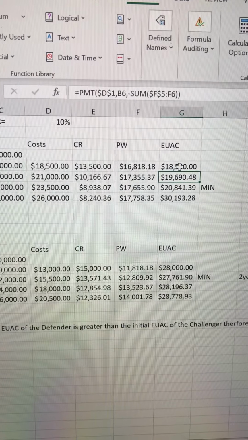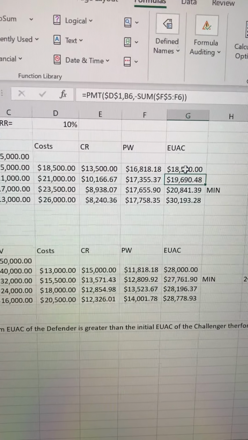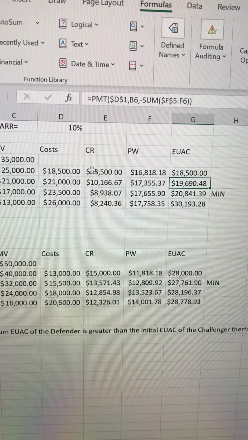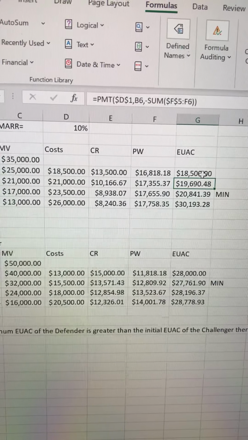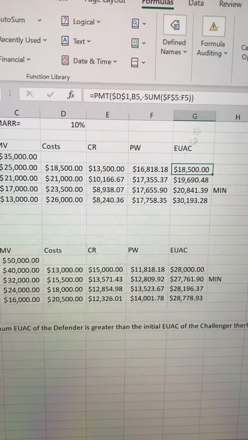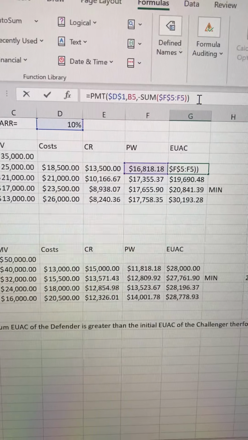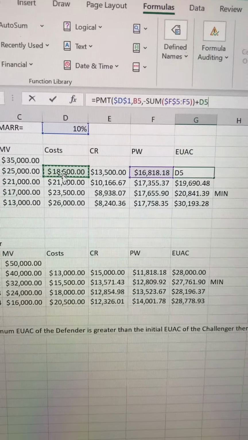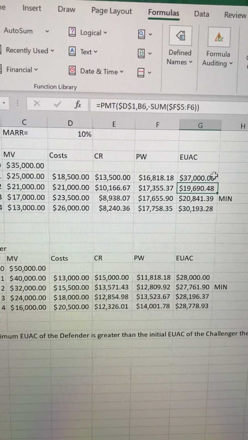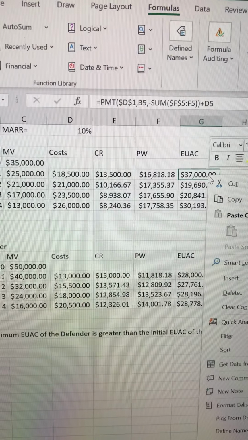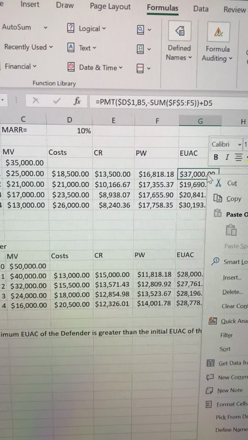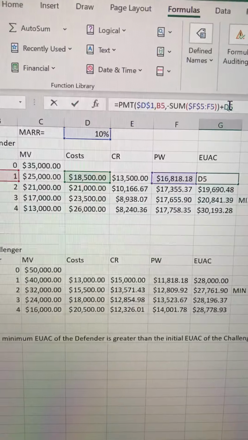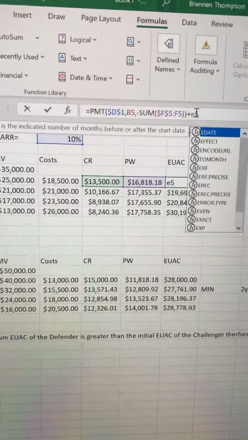So to find the actual EUAC, you have to take the EUAC of the expenses found based on the present worth of the expenses and add that to the capital recovery. So this is going to be plus, not D5, E5.